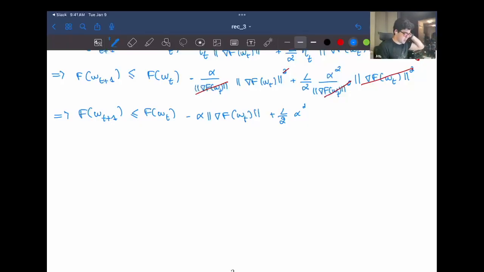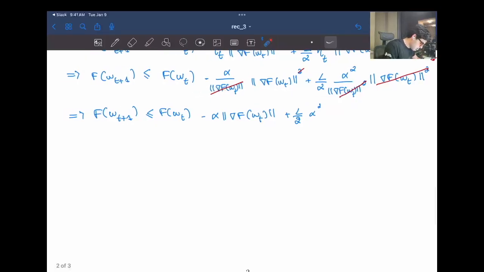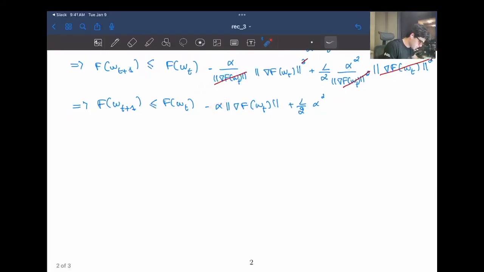That's it. A lot of people confuse my alphas and my twos. This is alpha. This is 2. This is alpha. So now this is great.